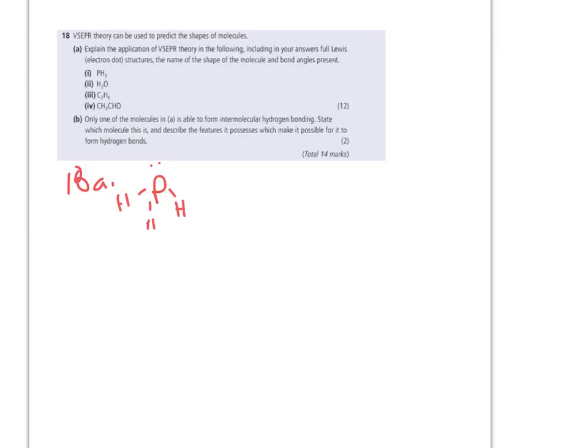So that's going to be trigonal pyramidal. And because it has a tetrahedral electron domain shape, it would be 109.5 with no lone pair. And because there's one lone pair, I can expect it to be around 107.